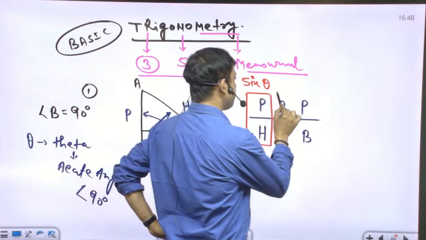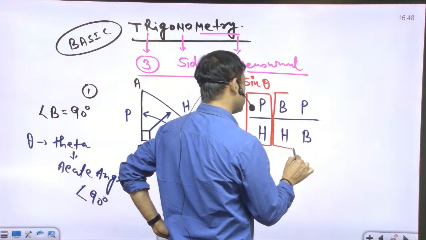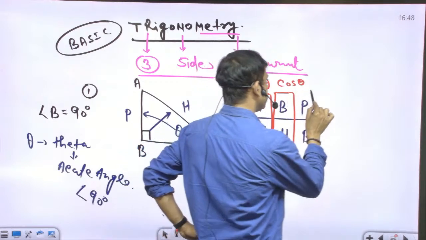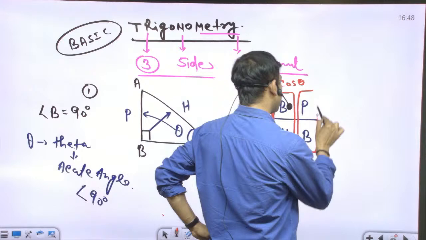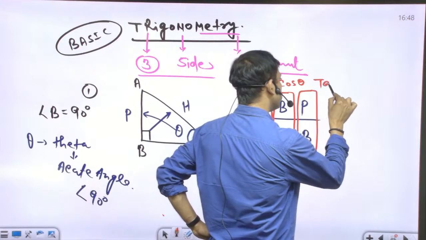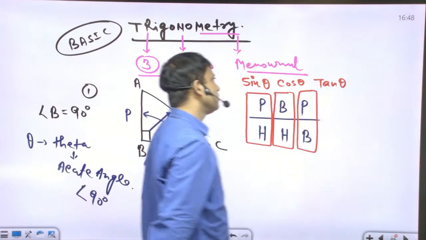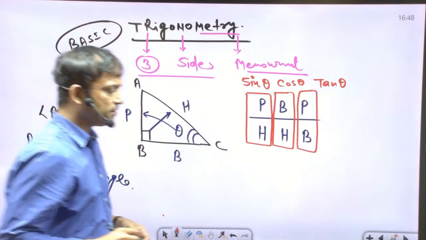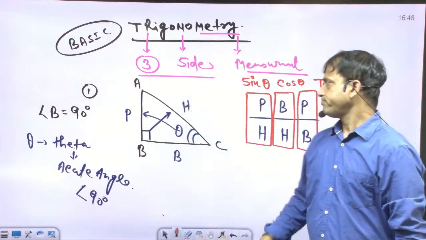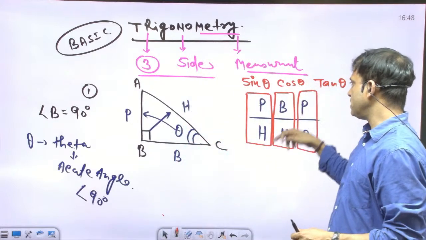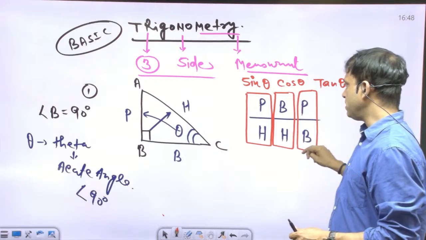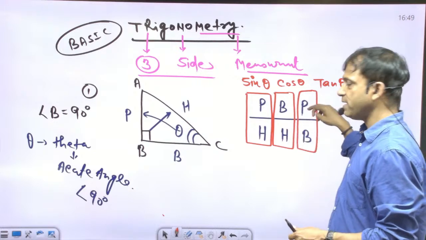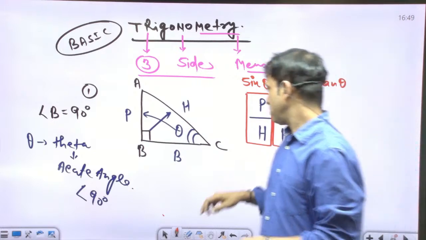Second, B upon H, is called cos theta. Third, P upon B will be tan theta. So always keep in your mind sine theta, cos theta and tan theta with the symbols P by H, B by H, P by B: perpendicular upon hypotenuse, base upon hypotenuse, perpendicular upon base.